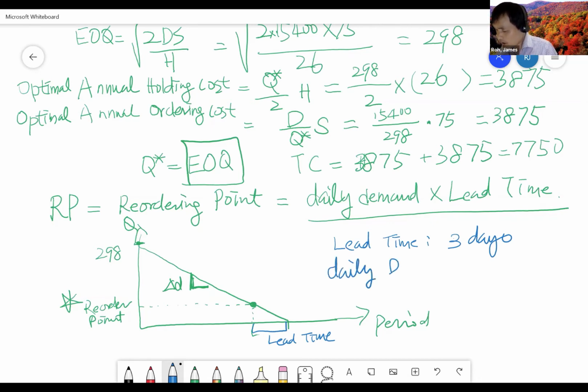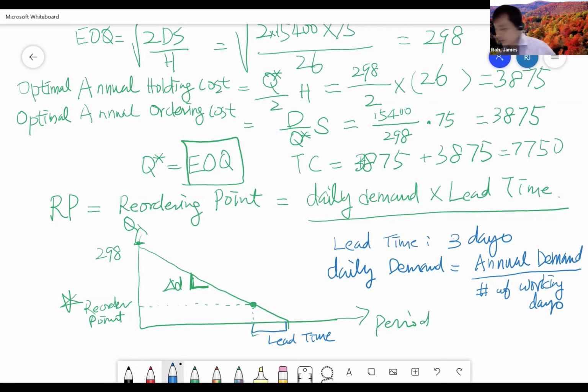Now daily demand equals annual demand divided by number of working days, right? So how many days we are working will help you figure the daily demand out. Annual demand, we know that it's already 15,400, and number of working days is given as 300 days in this question.